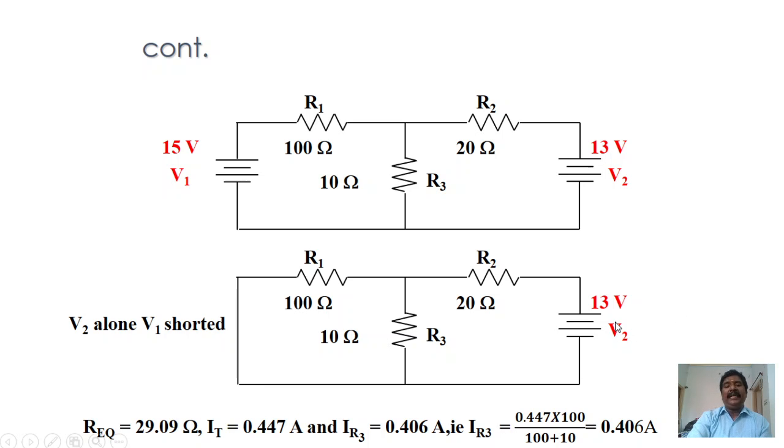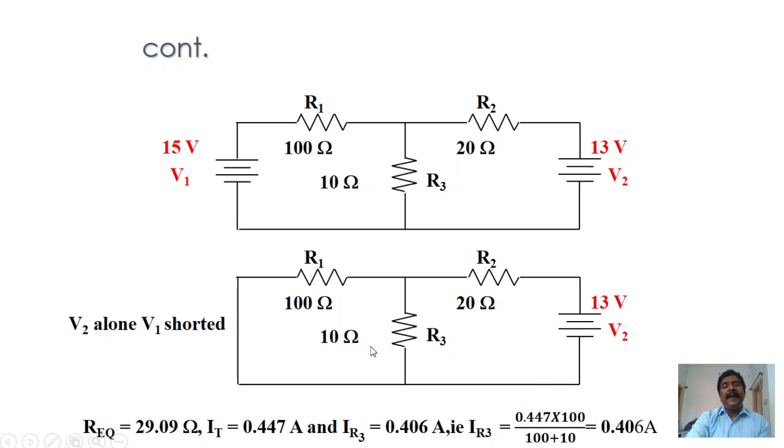Keeping V2 acting alone, similarly I can calculate the equivalent resistance R equivalent. Again I am repeating, R equivalent is the combination of this and that in series with the resistance. The total resistance of the circuit is called R equivalent.